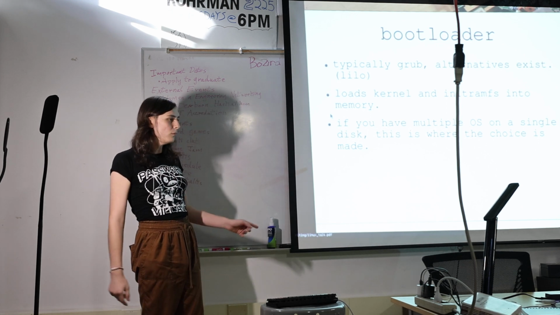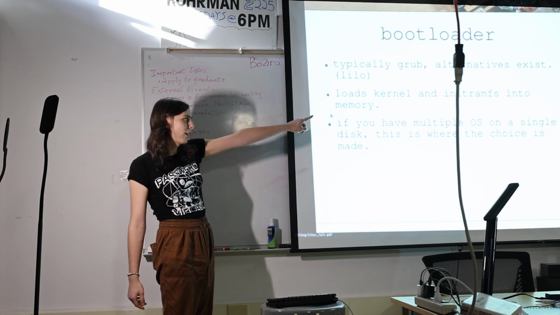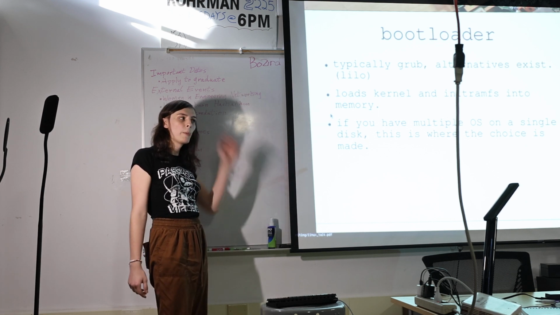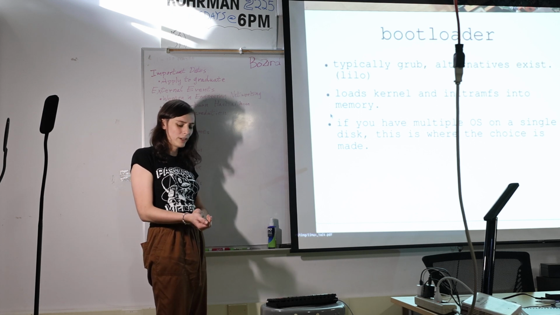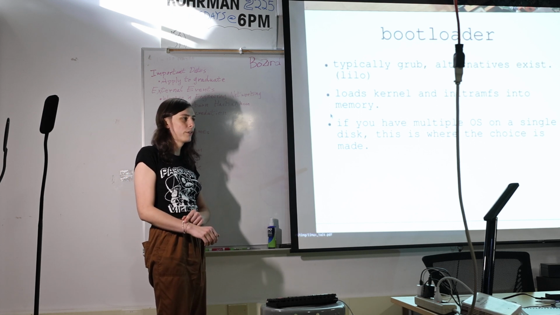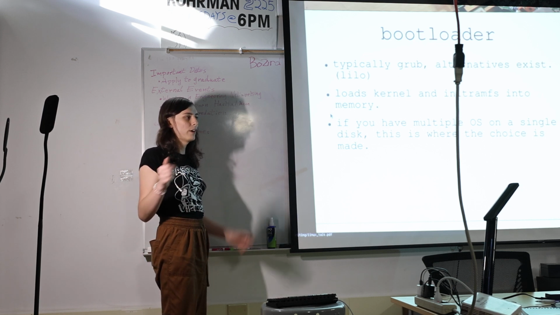Another thing it does is load the initial RAM file system, that's what initramfs means, into memory. This is necessary because you need a file system that the kernel can use to do its early initialization and to load the real file system.